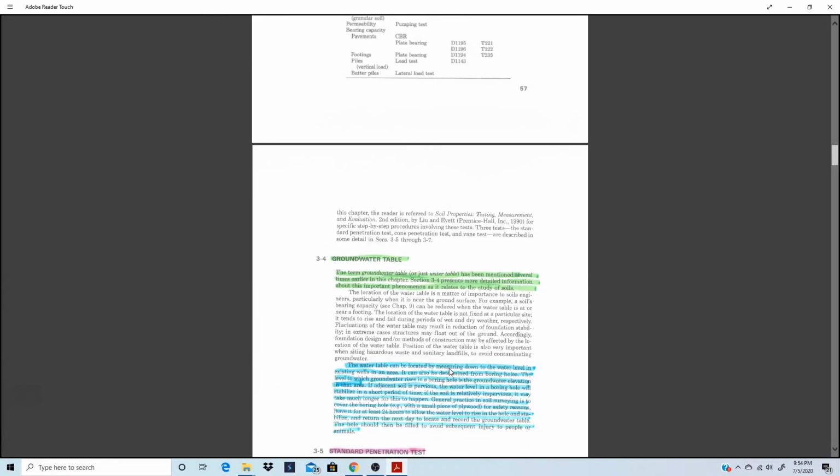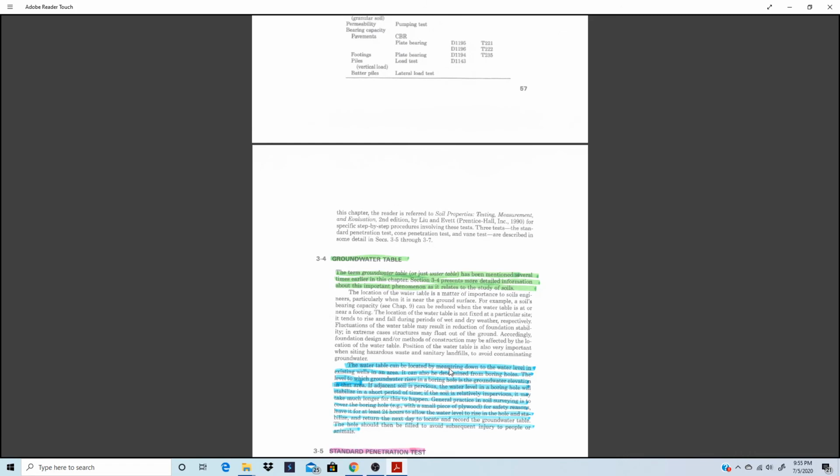Alright, so how do I know where the groundwater table is? The term groundwater table, or just water table, has been mentioned several times in the chapter. Section 3.4 is going to give you some detailed information and the importance of this. The groundwater table can be located by measuring down to the water level in existing wells in the area.